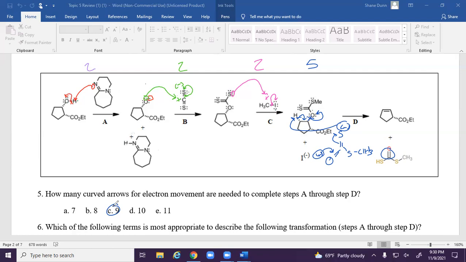I hate curvy arrows because everyone does them differently. It's very annoying. Yeah. But that's how you would approach the question. If you can simplify it with 2 less, you can. Getting 3, which would be 9, but I need the 2 extra arrows to make the double bond and steal the H. So, whatever. Okay.